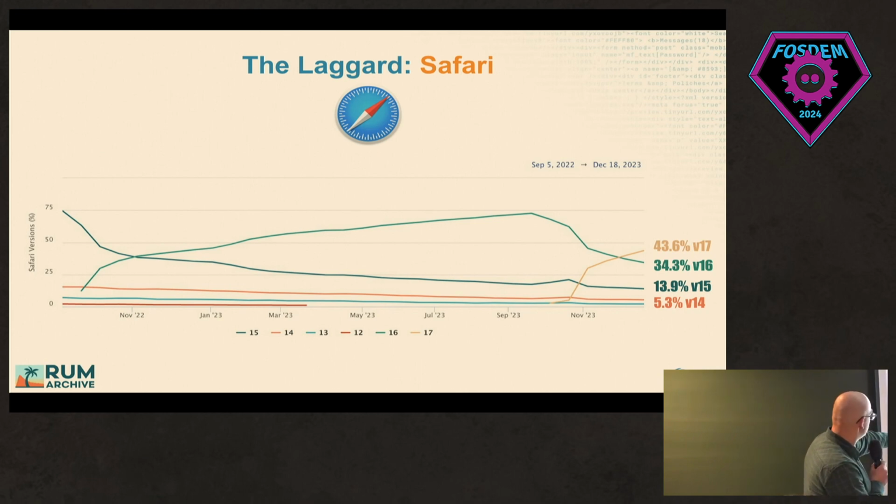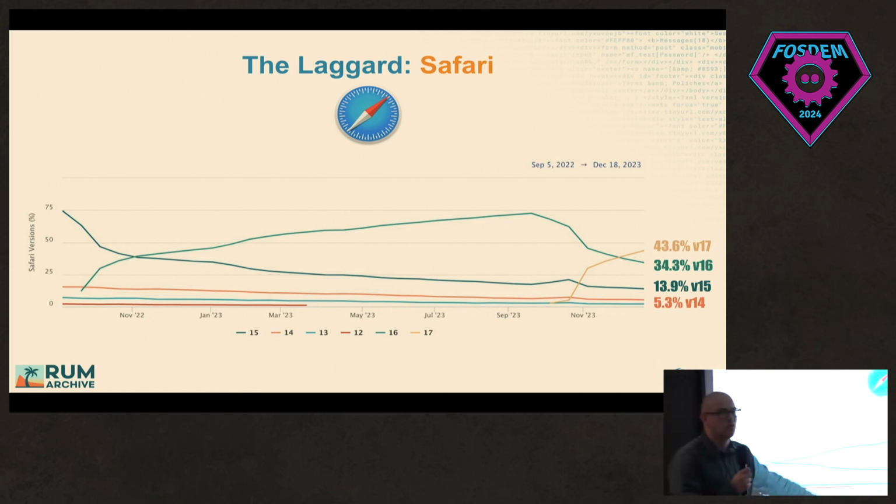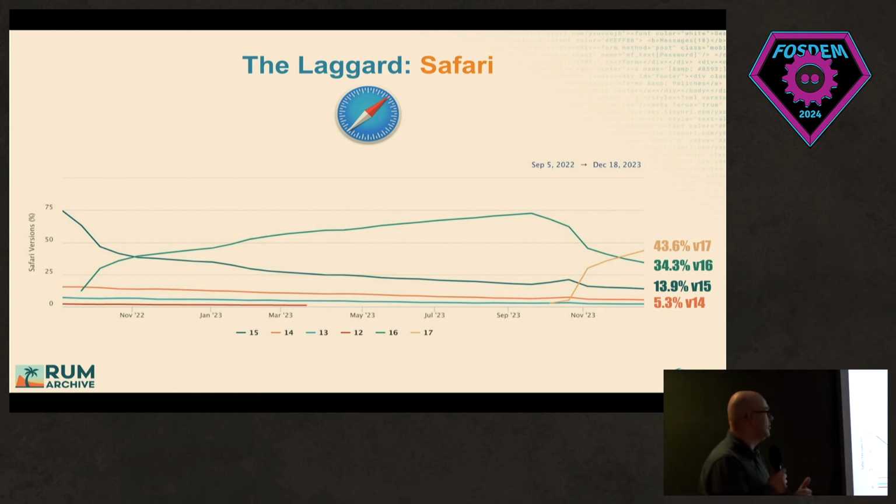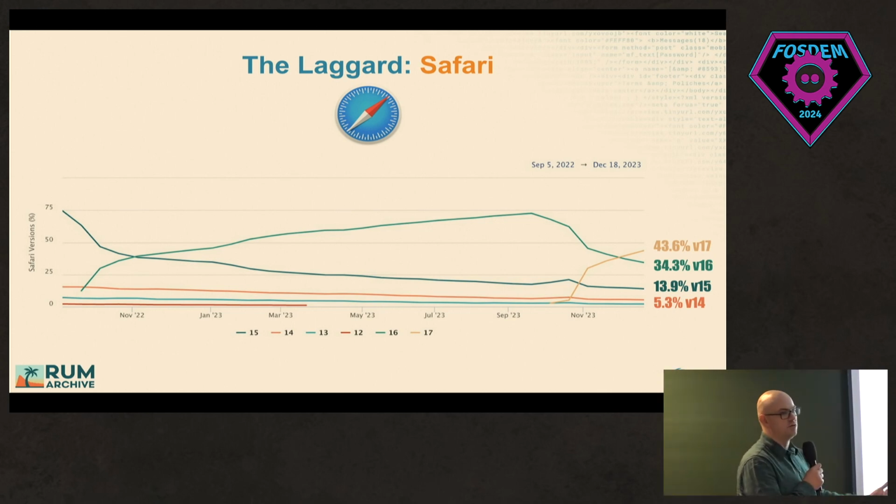And if you look, even version 15, which was released over a year ago, is still at about 14% of all page loads. So clearly in Safari, you do have a lot of older versions, up to a year and even older, present in your dataset. You can't really rely on newer features being readily available there.